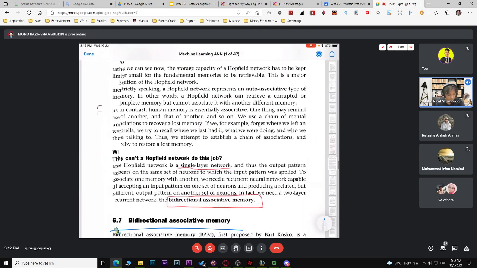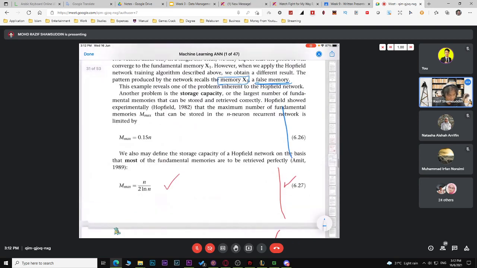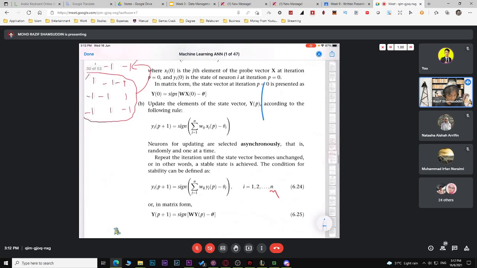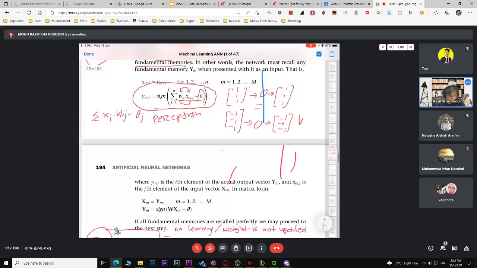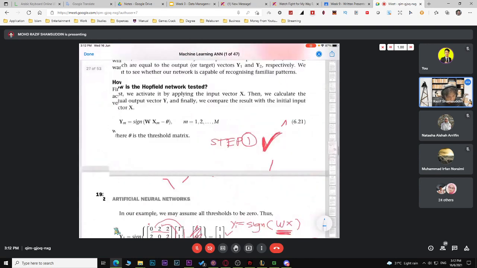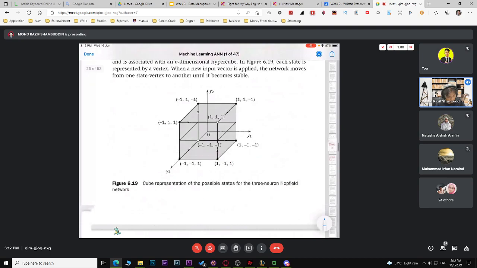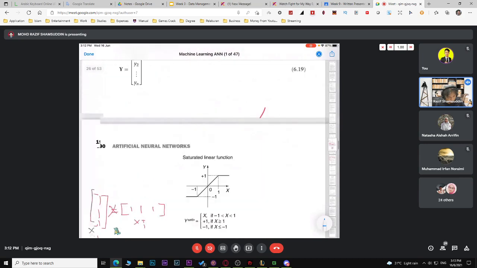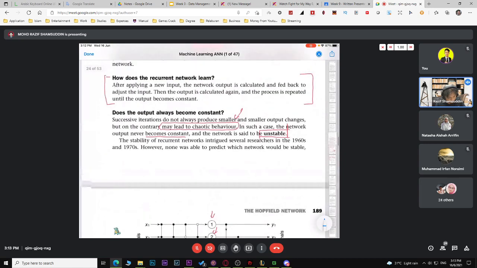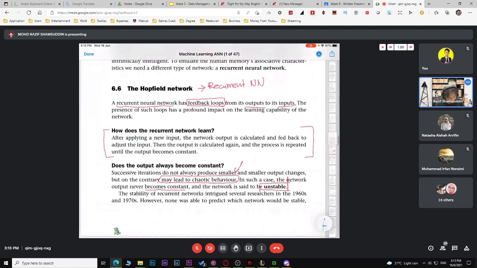So RNN is actually Hopfield network. Ni Hopfield network ni dia awal dia dah cakap dah. Okay, the Hopfield network is a recurrent neural network.